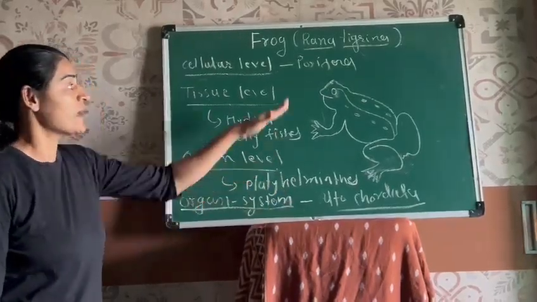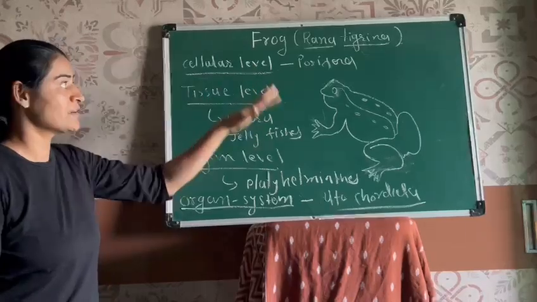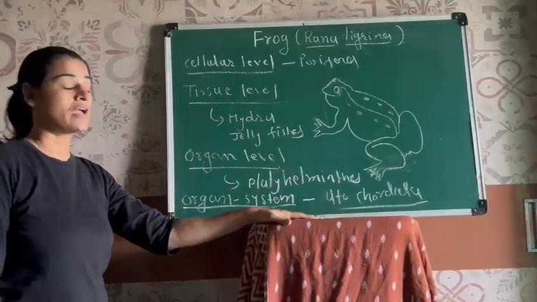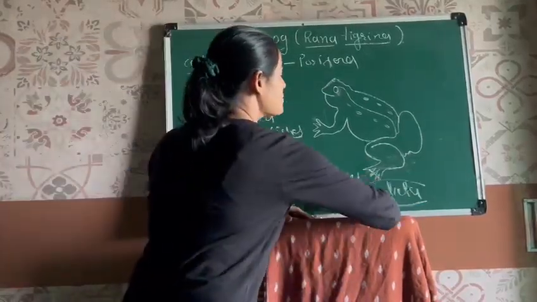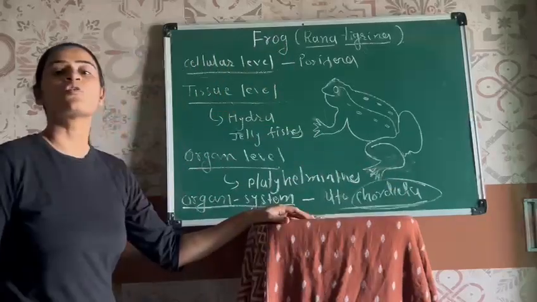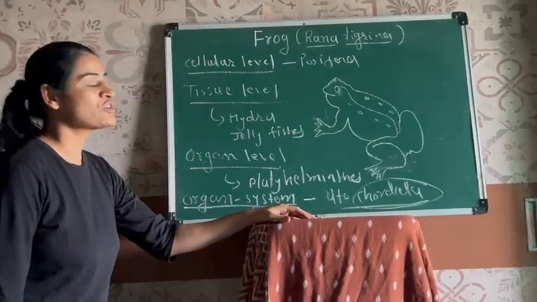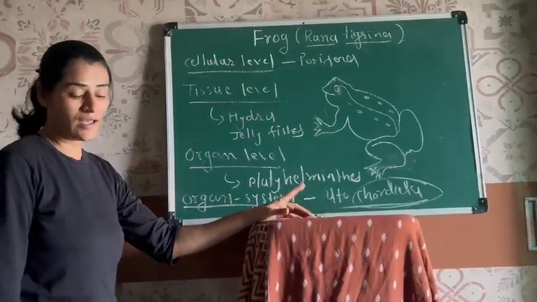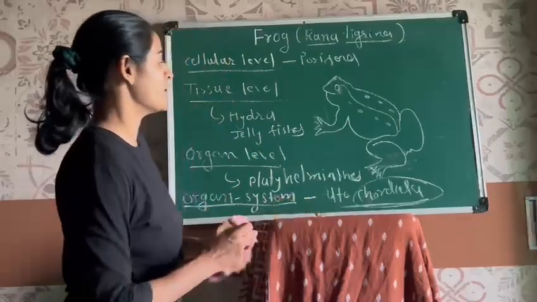Here, Rana tigrina is the model organism, and we are going to study it as a representative of chordates.